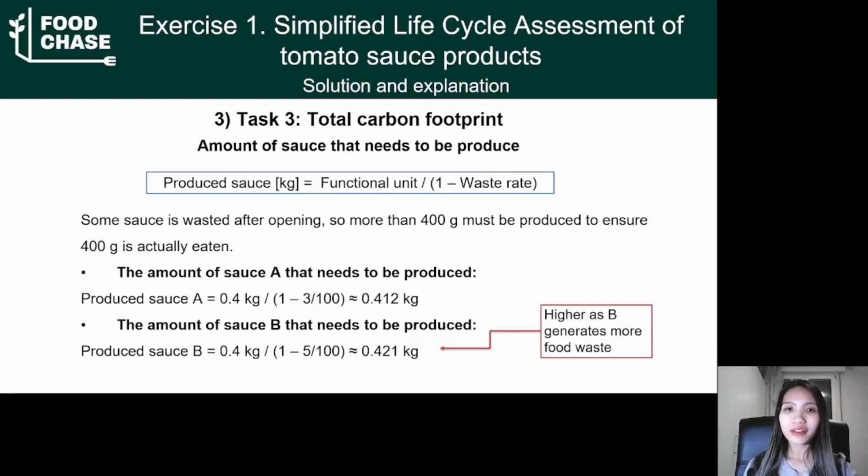By applying the formula, we obtain that the real amount of starch A that needs to be produced is equal to 0.412 kilogram, while in the case of product B it is roughly 0.421 kilogram, which is slightly higher because product B generates more food waste.